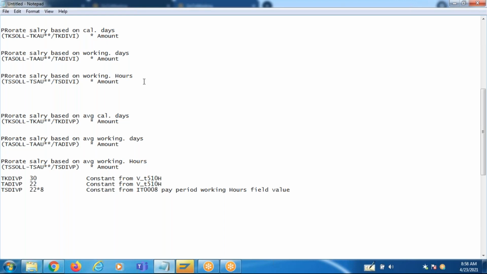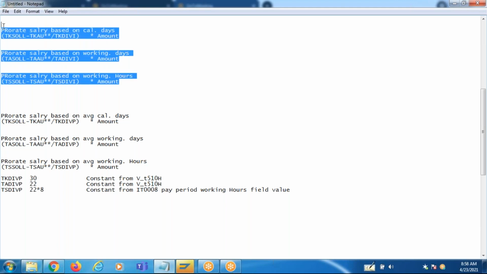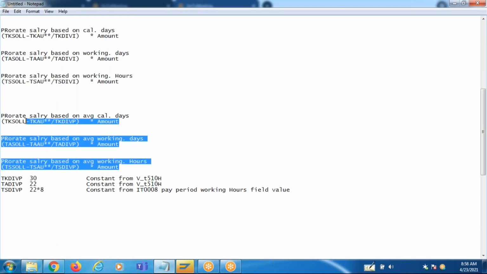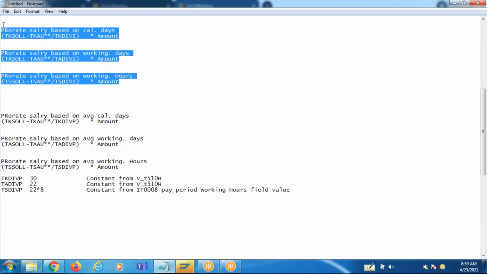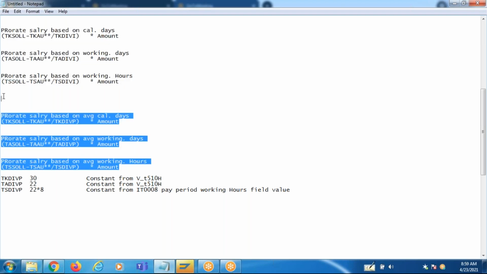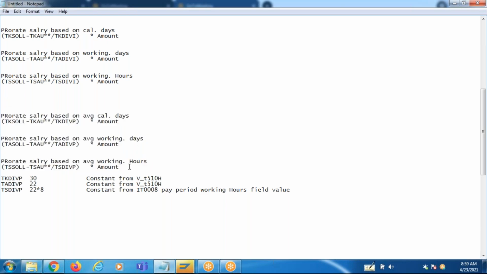So your clients might use these formulas or might use this formula. 70 to 80% of the times they use this. Some clients use average calendar days, average working days, average working hours, and some clients use even complex formulas.